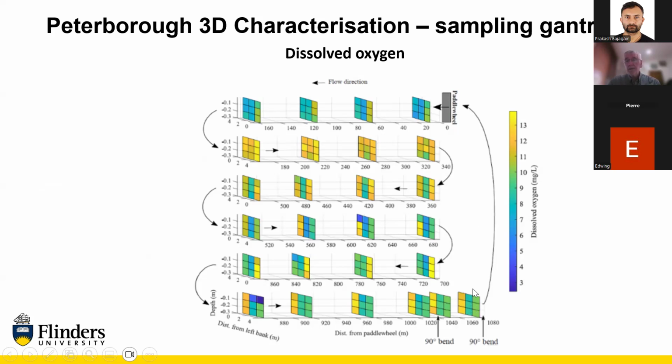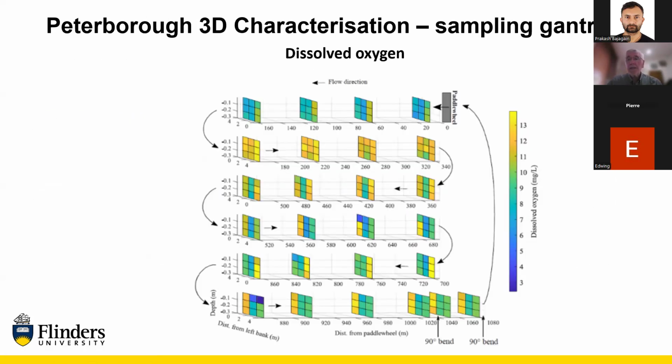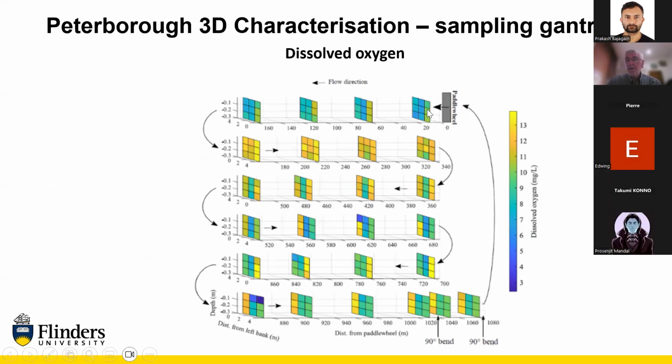But it takes us over a day to do the measurements, and the difference between doing a measurement here and doing a measurement here might be 12 hours. What is going to be a confounding factor in that measurement? Think about what's the major source of dissolved oxygen in an outdoor high rate algal pond. Where is the dissolved oxygen coming from predominantly?